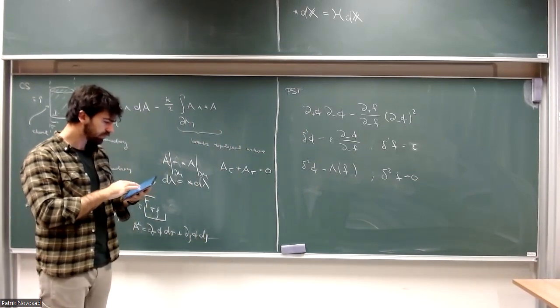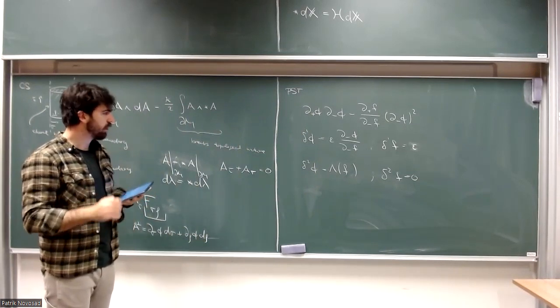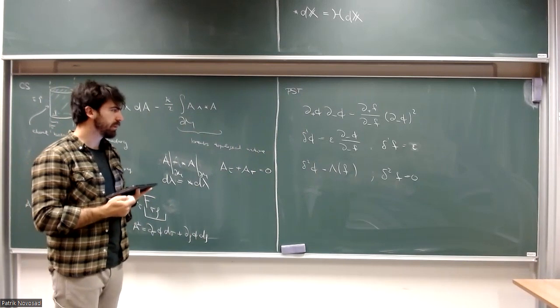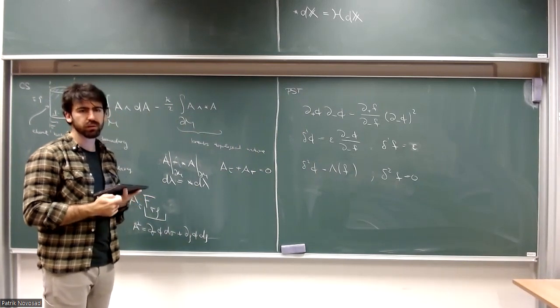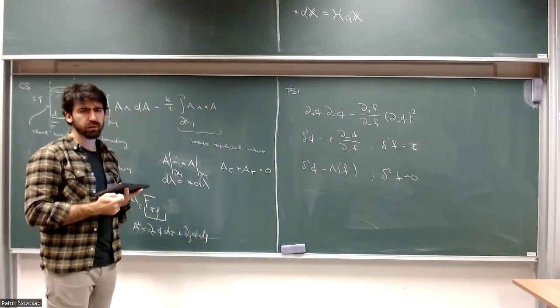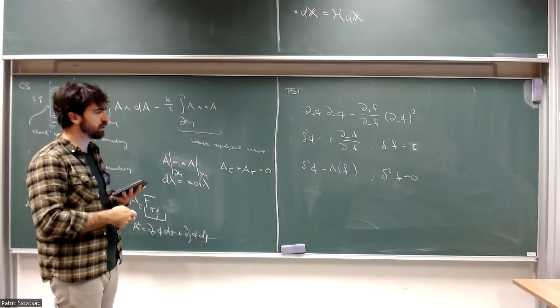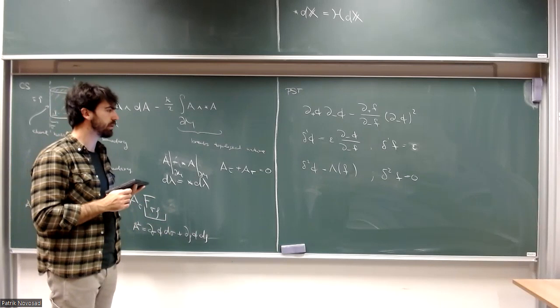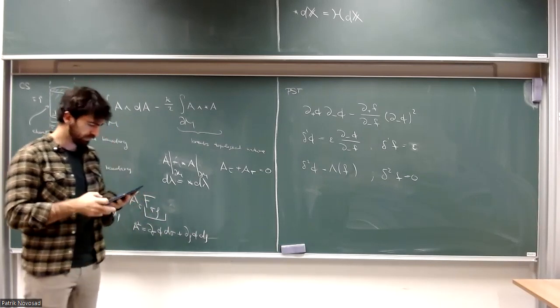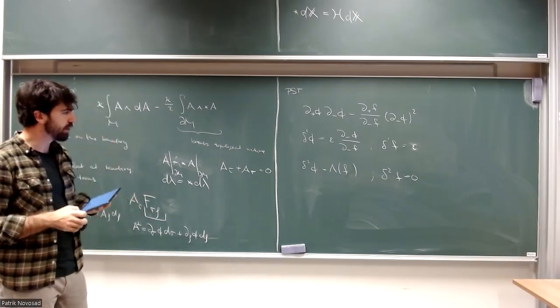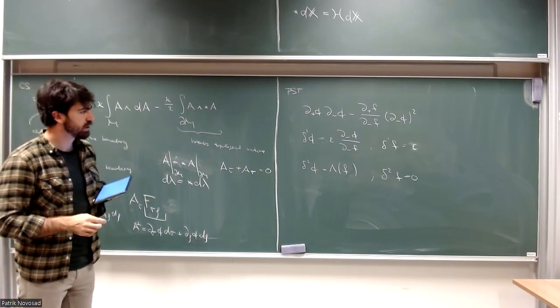So it's in fact infinitely many symmetries. It's like epsilon 1 f, epsilon 2 f squared, epsilon 3 f cubed. It's just infinitely many symmetries.